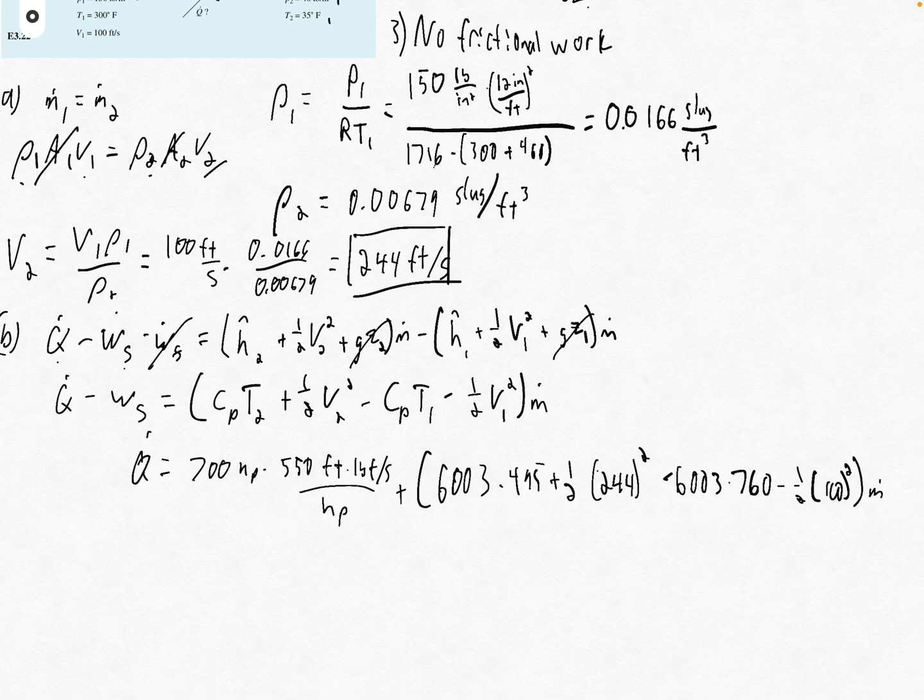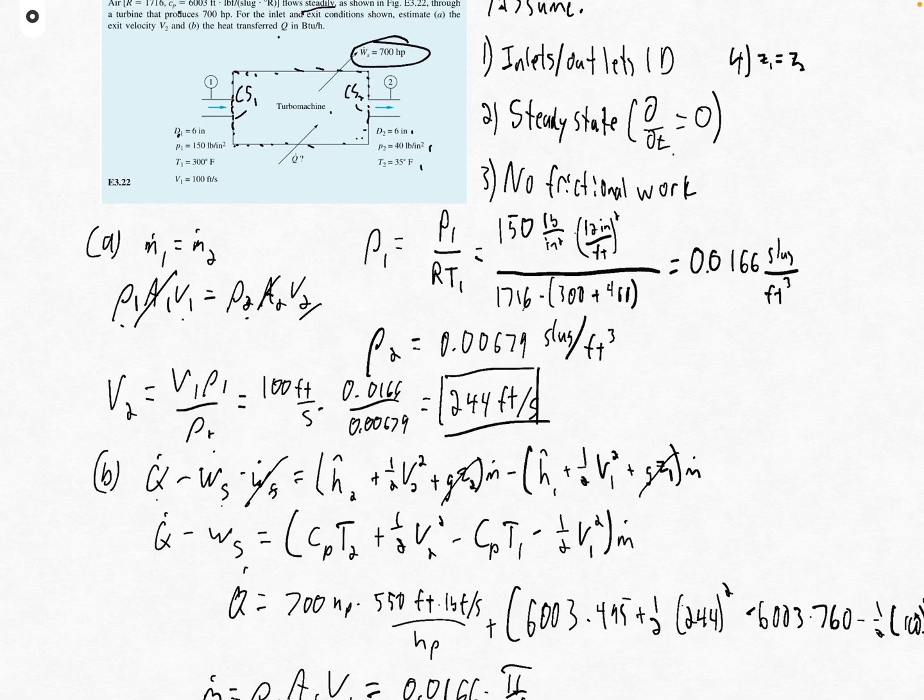M dot is going to be equal to rho1 A1 V1. You can actually compute this up ahead because we dropped out the areas, but we can go ahead and find this as 0.0166 times pi over 4 times the diameter. The diameter here is given as 6 inches.